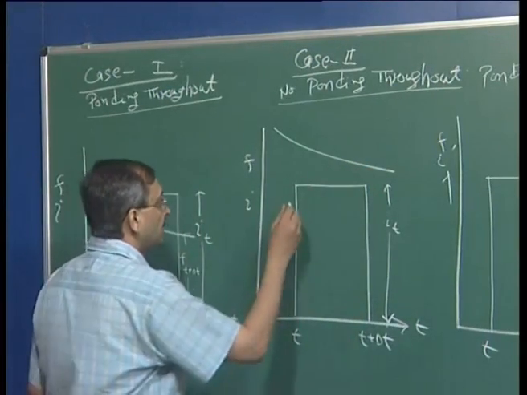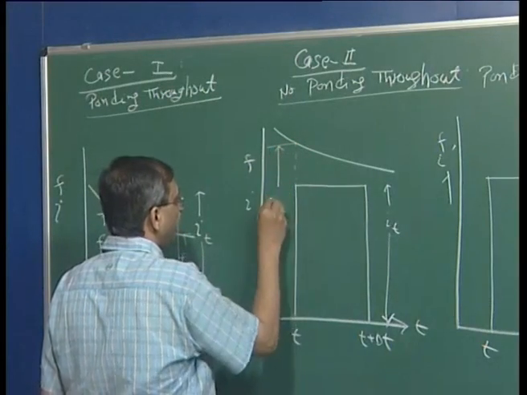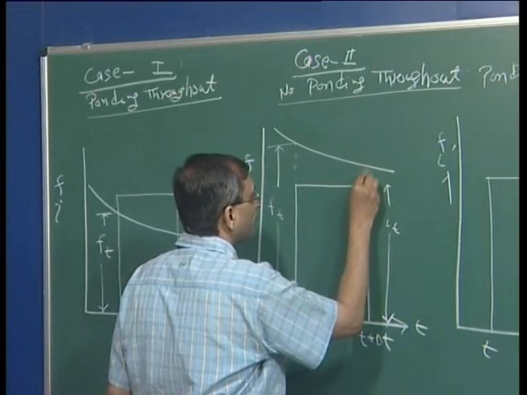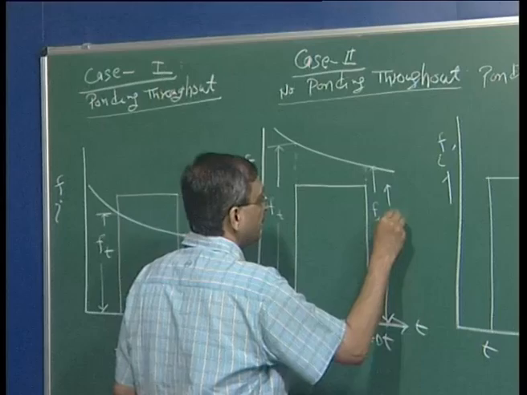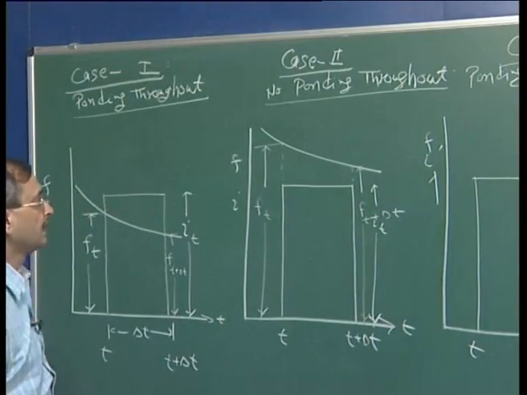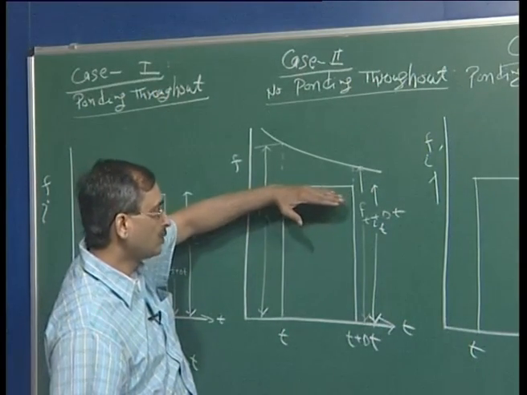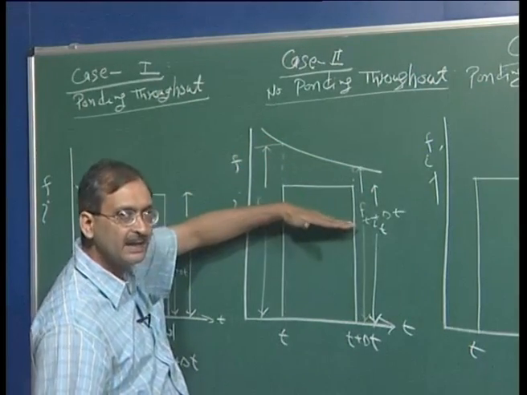So, at this time, this is your f at t and this is your f at t plus delta t. So, you see that in this case, this is the rainfall intensity which is lower than what the soil can take. So, everything will go in and there will be no ponding.